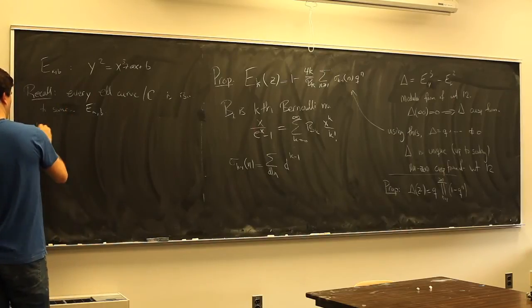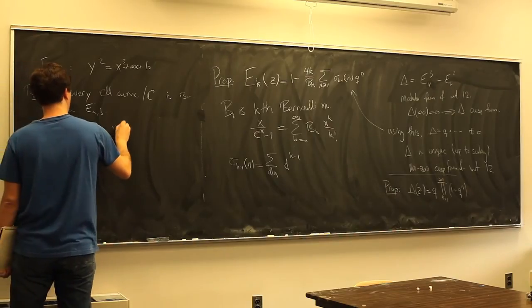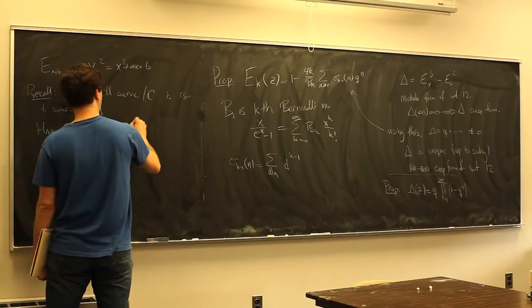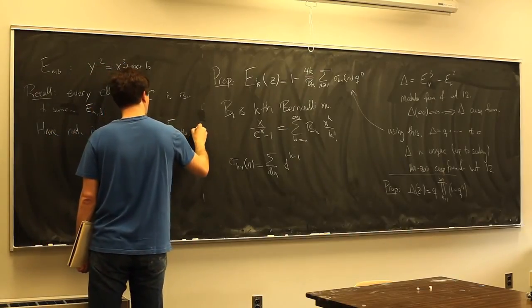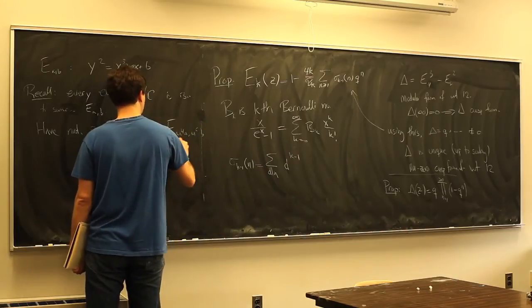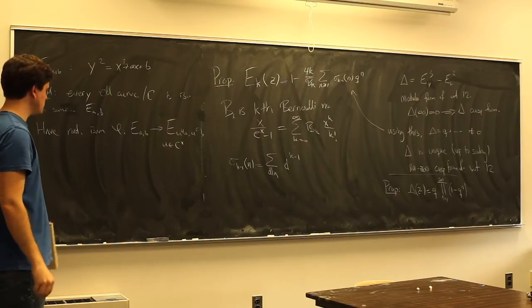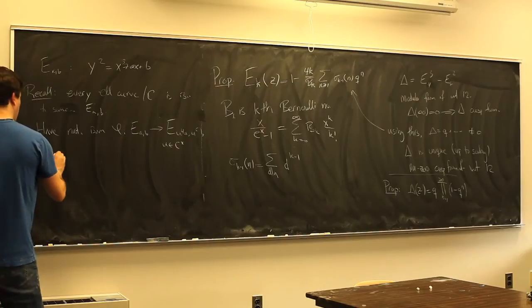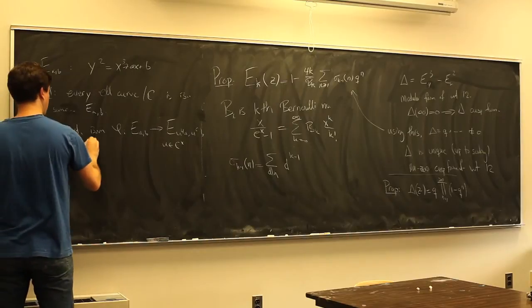And we have a natural isomorphism, phi I'll call it, from E_AB to E_(u^4 A, u^6 B), where u here is a non-zero complex number. And that's just defined by taking x to u squared x and y to u cubed y. So I'm going to let omega_AB be the one form dx over y on this curve.